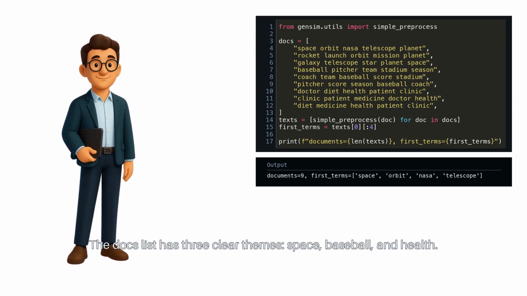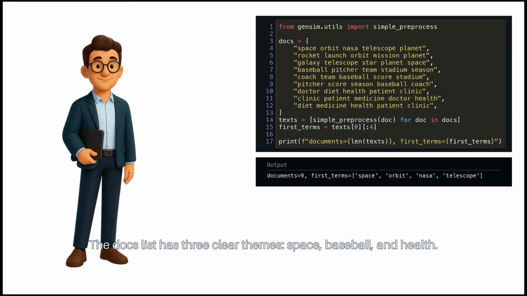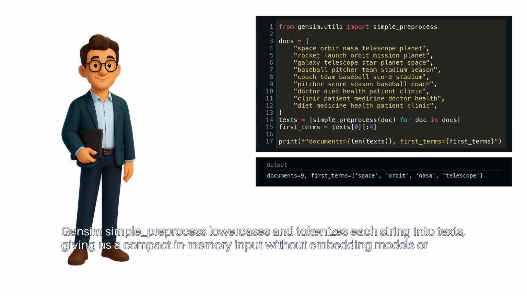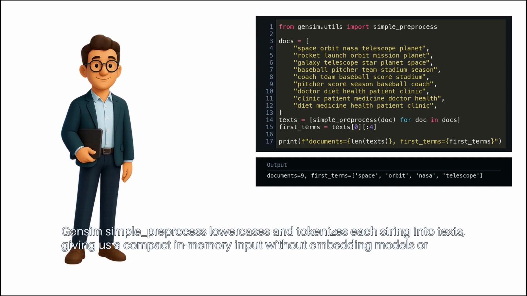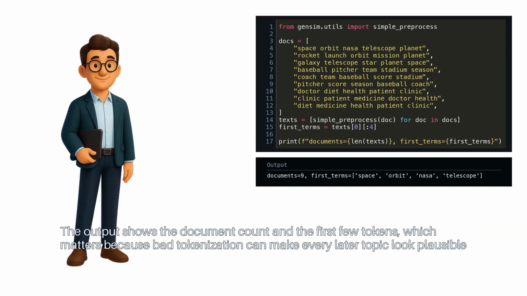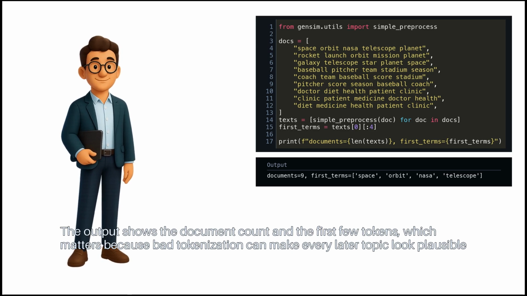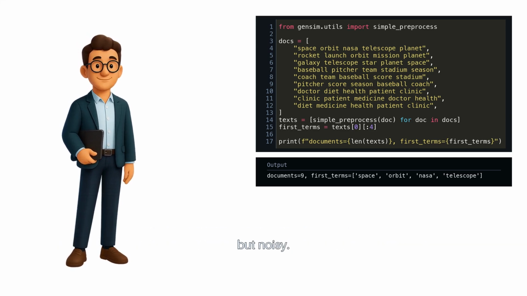The docs list has 3 clear themes: space, baseball, and health. Gensim's simple preprocess lowercases and tokenizes each string into texts, giving us a compact in-memory input without embedding models or external files. The output shows the document count and the first few tokens, which matters because bad tokenization can make every later topic look plausible but noisy.